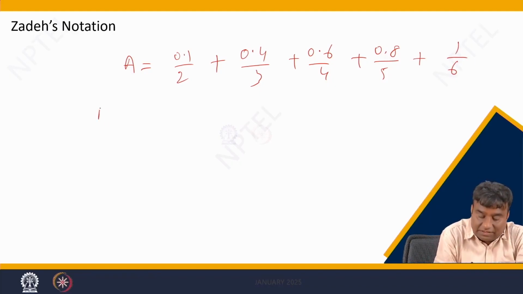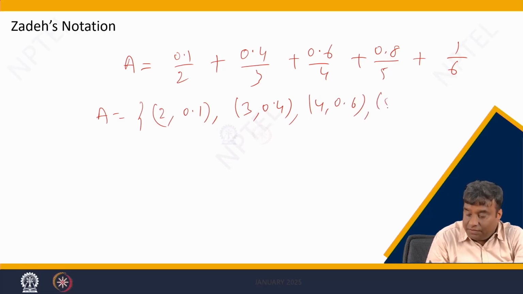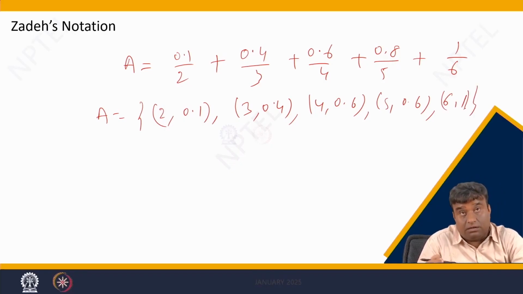You can write the same fuzzy set A as 2, 0.1; 3, 0.4; 4, 0.6; 5, 0.8; and 6, 1. So you can convert the previous notation to the Zadeh notation.